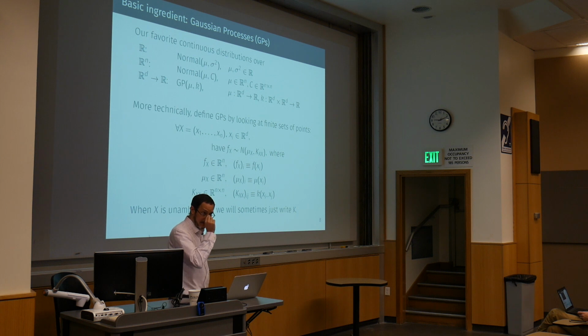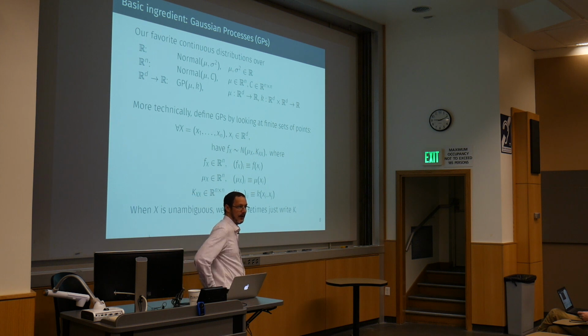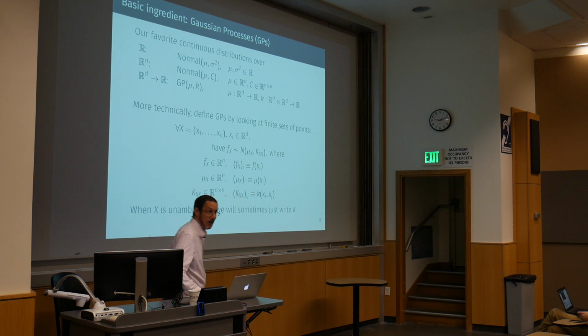And we're going to say that those points are distributed... If you just look at the values at those points, the values at those points are each Gaussian random variables, and they have some mean and correlation structure. So you've got a multivariate Gaussian for the function values at those points. And just to set notation, I'm going to use the convention that capital X is a set of points, or a list of points.